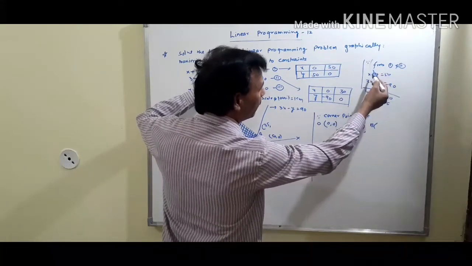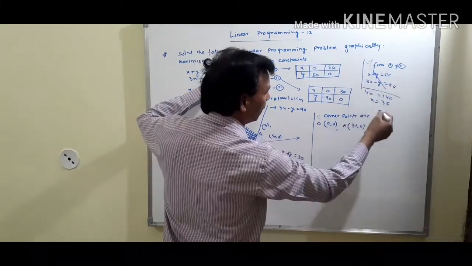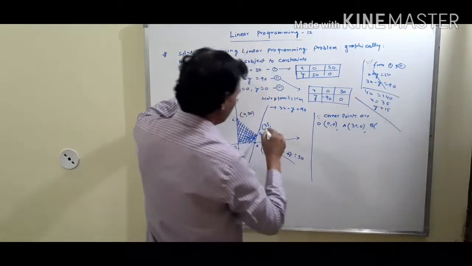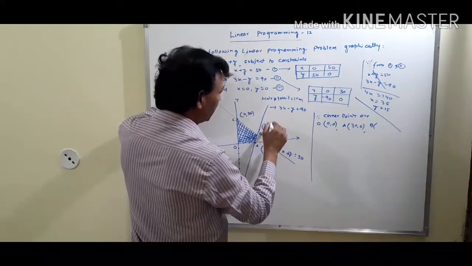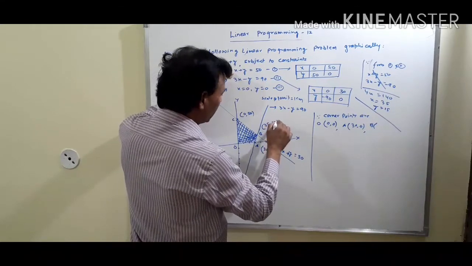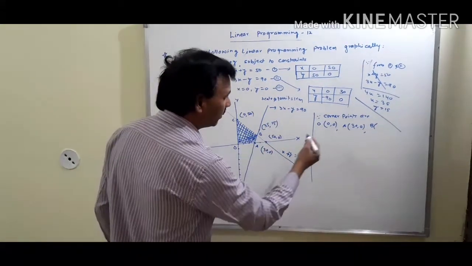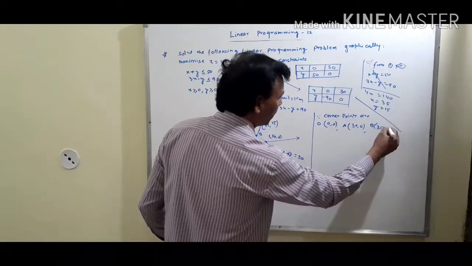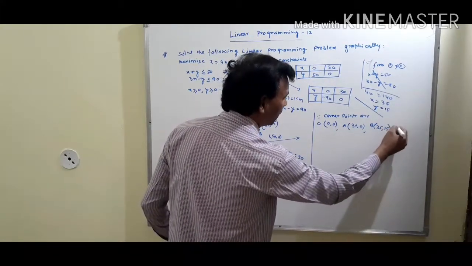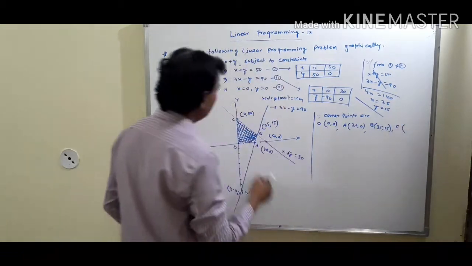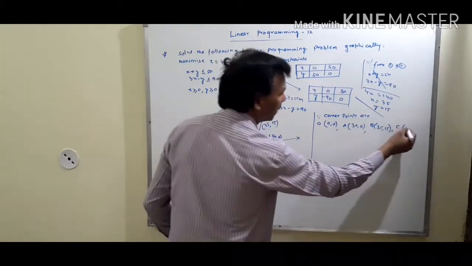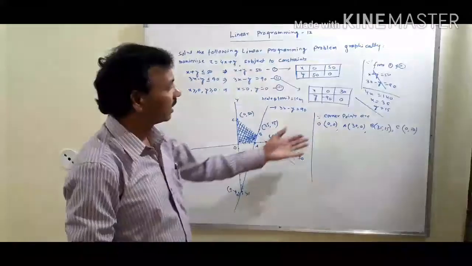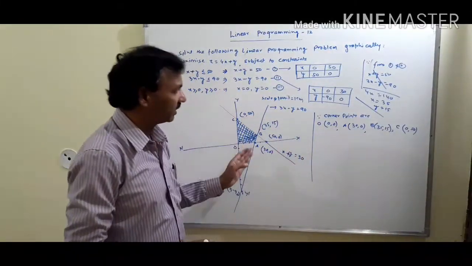Then y will be 50 minus 35, that means 15. So B will be 35, 15. And the last point C will be 0, 50. These are the corner points of this feasible region.